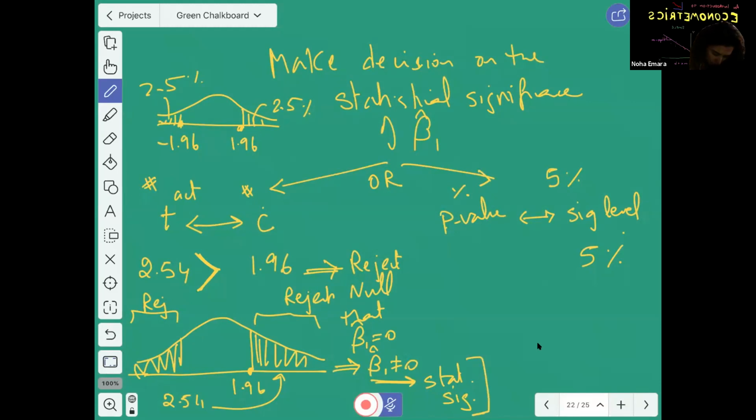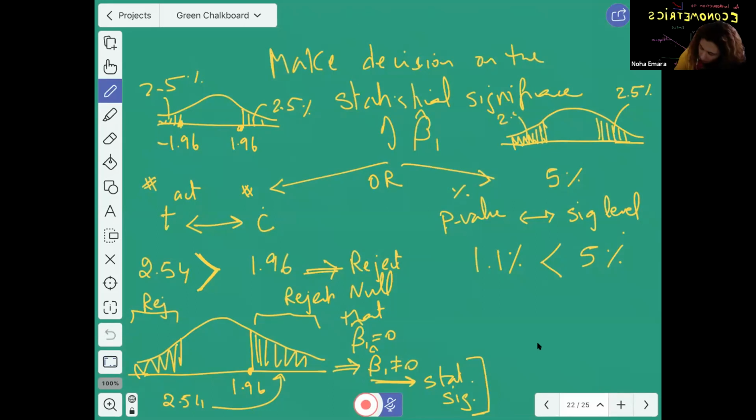So this is following the t-statistic, but you would reach the same conclusion with the p-value, because the p-value we found is 1.1%, which is less than 5%. Again, if I look at the graph, this is 2.5%, this is 2.5%.